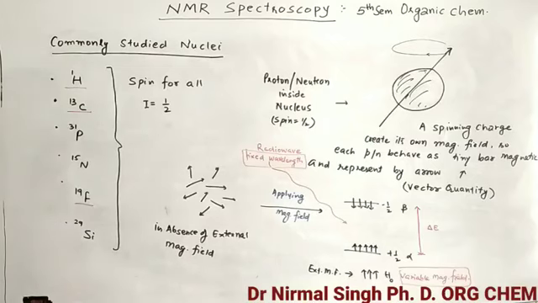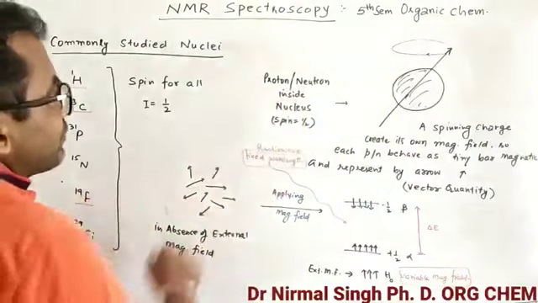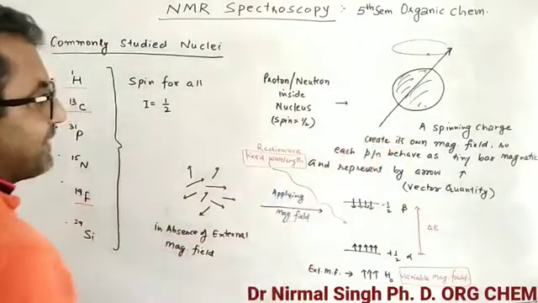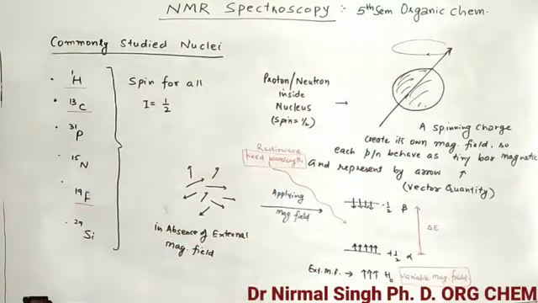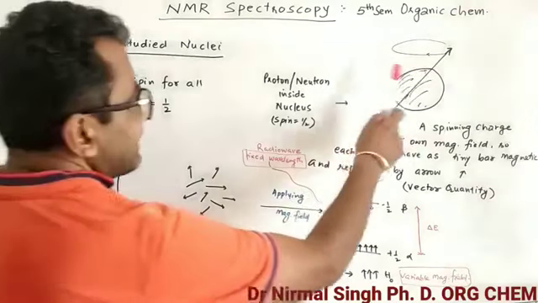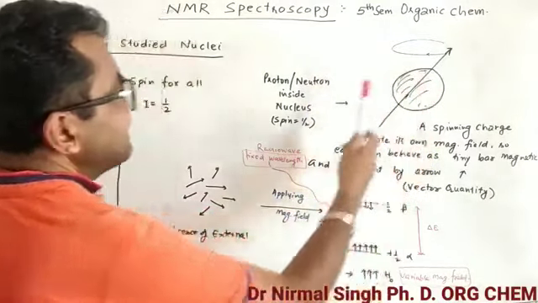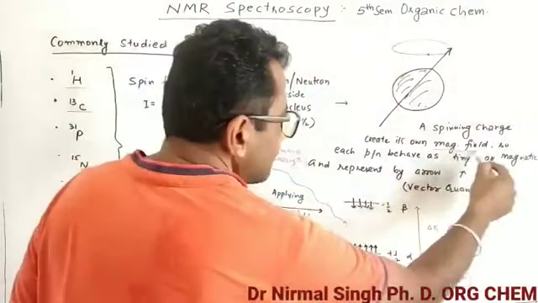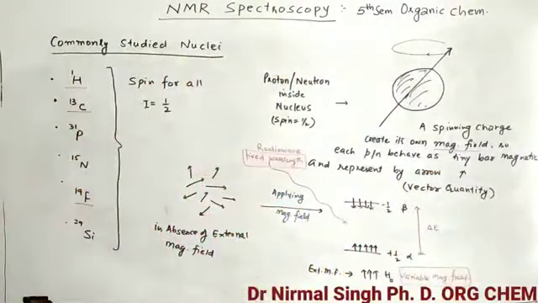See how it happens. We have a proton and neutron inside the nucleus with spin half. This proton or neutron is spinning in this direction. Any spinning charged particle creates its own magnetic field. Suppose we take one drop of water.